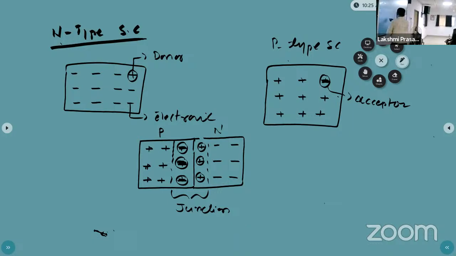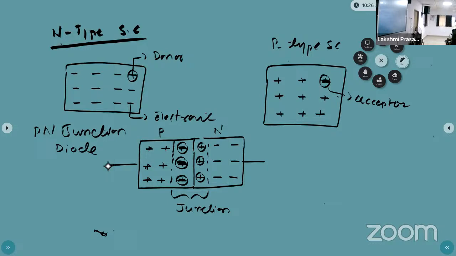And this PN junction has two terminals, the positive and the negative. Now this device is called the PN junction diode. So how are we making the PN junction diode? By joining the P-type and N-type semiconductors.